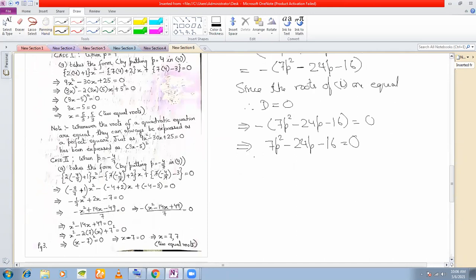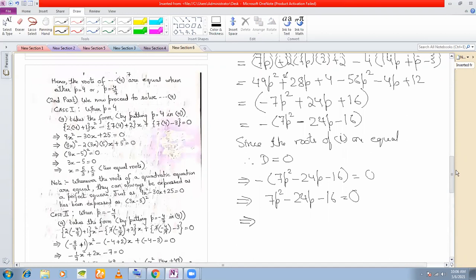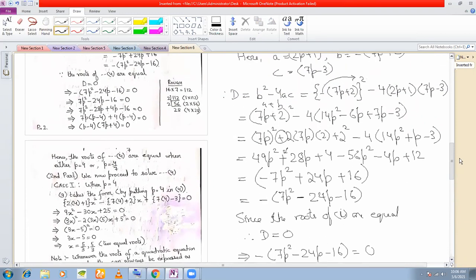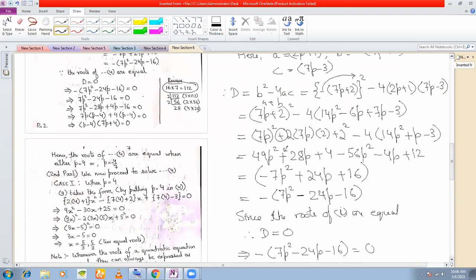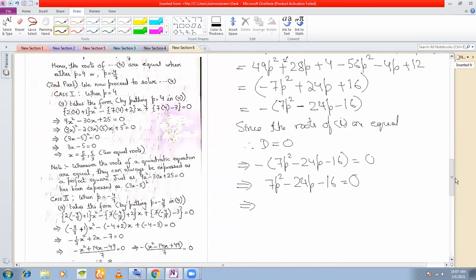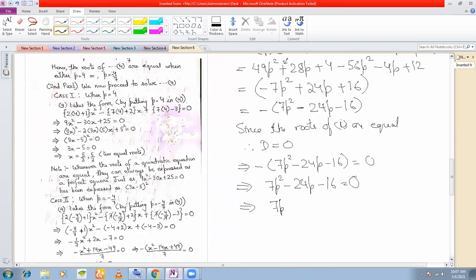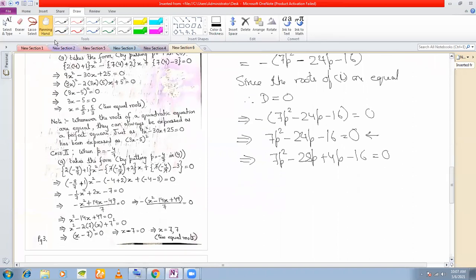Now you simply factorize this into two factors. What should be the factors? You multiply 16 into 7 first. 16 into 7 is 112. And then what are the factors? 4 and 28. Minus 28 and plus 4. Minus 28p plus 4p. If you can't find the factors, you will solve this quadratic equation by Sridharacharya's formula.